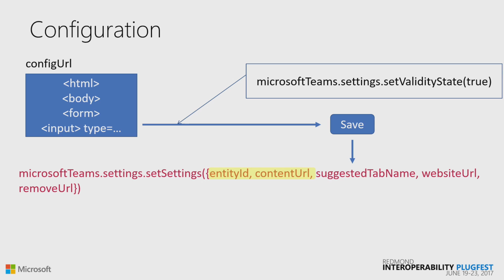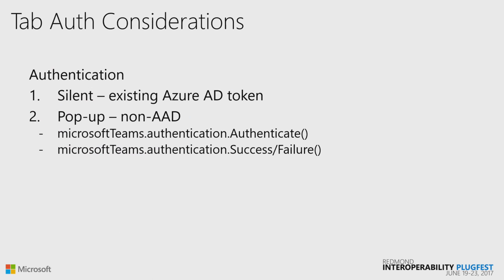Either before or after the save button is hit, there's a way to do it asynchronously if there's more processing that needs to be done. Then the settings can be saved, and the settings configure within Teams the name of the tab, the ID, the website URL, and a number of other things. Once that's all done, the tab is loaded into Teams, and we're ready to do other things.